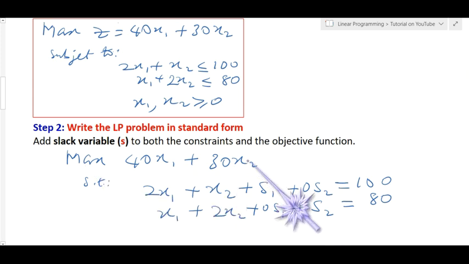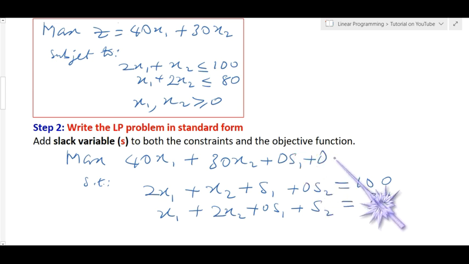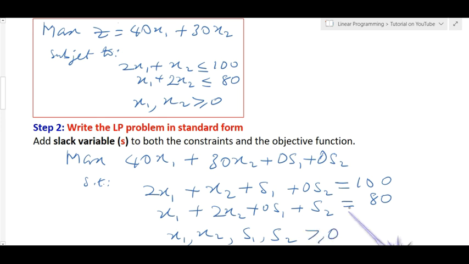When you come to the objective function, we now have plus 0 s1 plus 0 s2. Now, after that, we have x1, x2, s1, s2 all greater than or equal to 0.